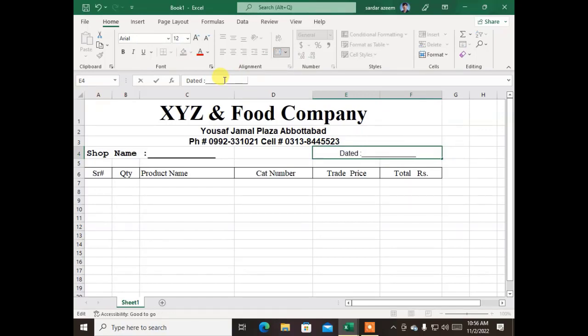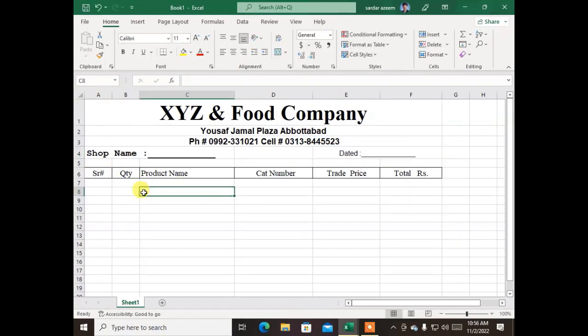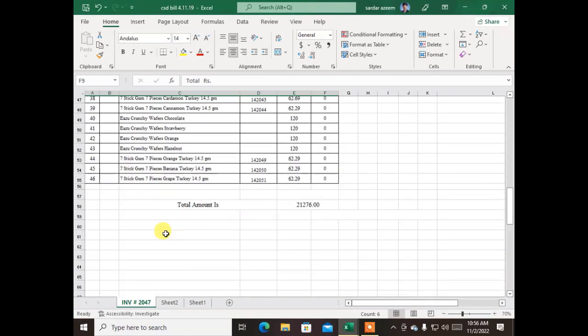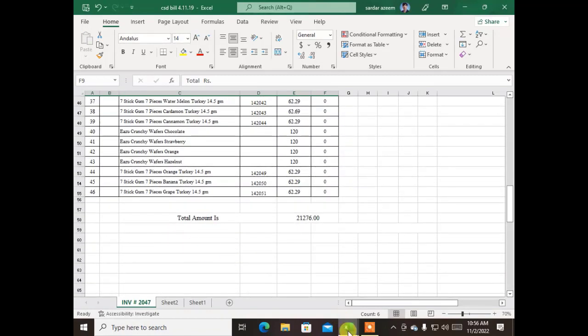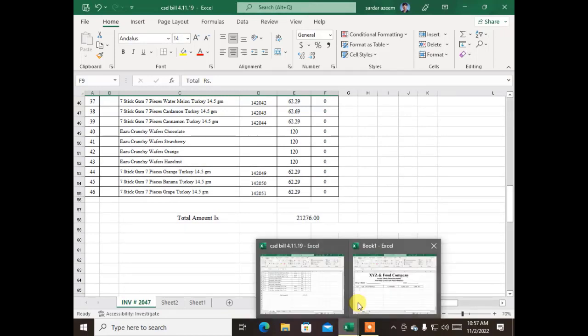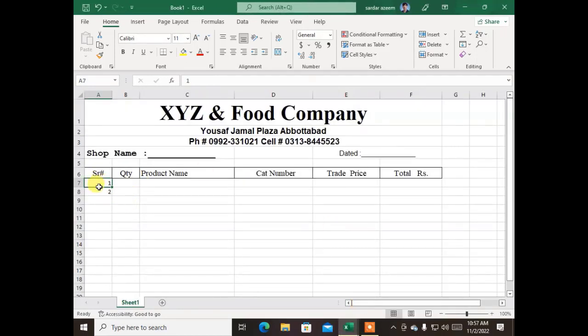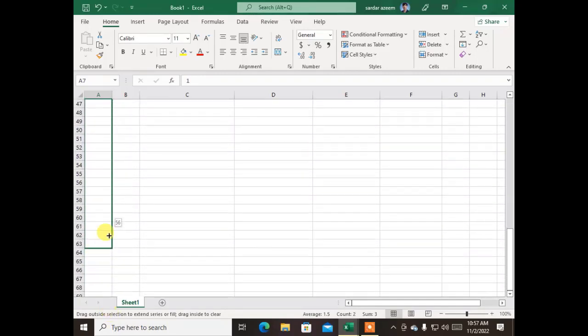Now we make the bill here in this sheet. For a serial number, we only need numbering 1, 2 and so on. For example, I have got 46 products here. You can just select, click and drag it for as many records as you want.